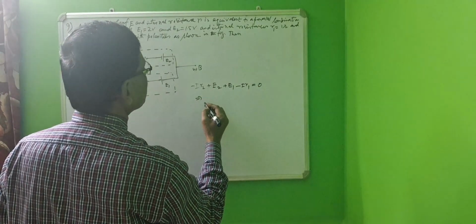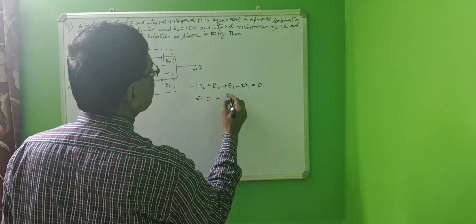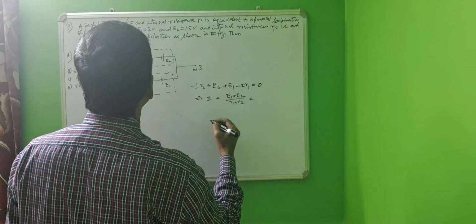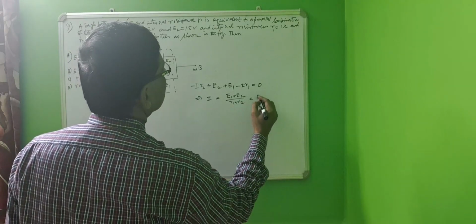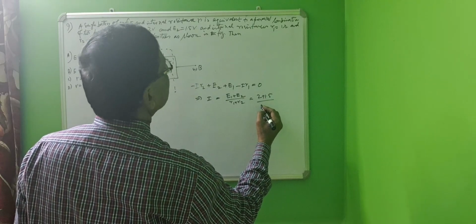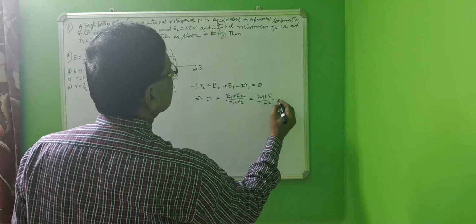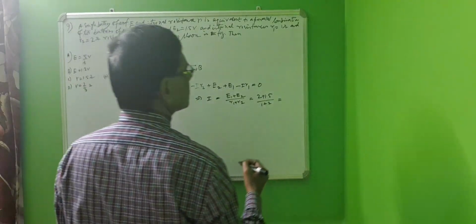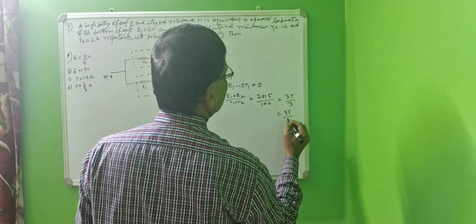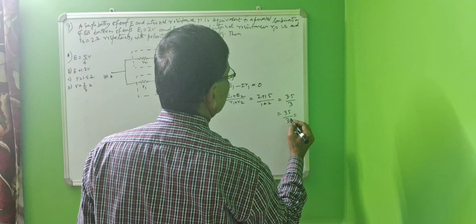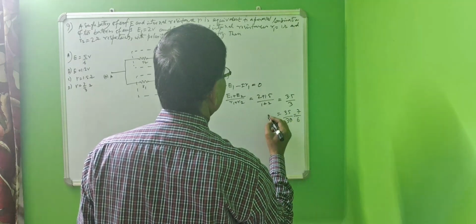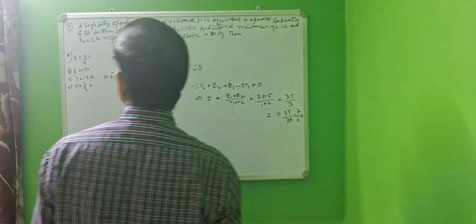This implies I equals E1 plus E2 divided by R1 plus R2, which equals 7 by 6 ampere.